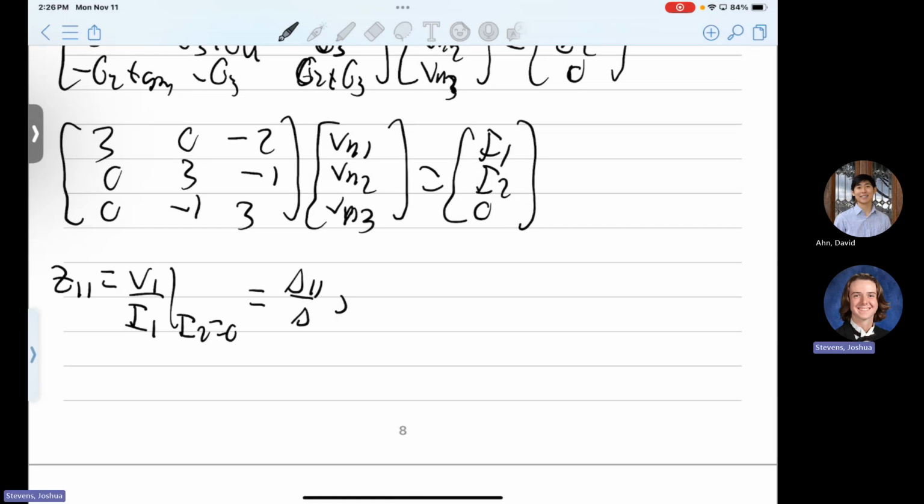And Z21 is V1 over I2 when I1 is equal to 0, which is also the same as delta 1,2 over delta.